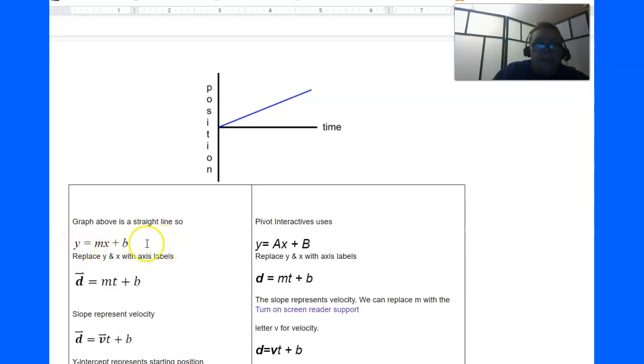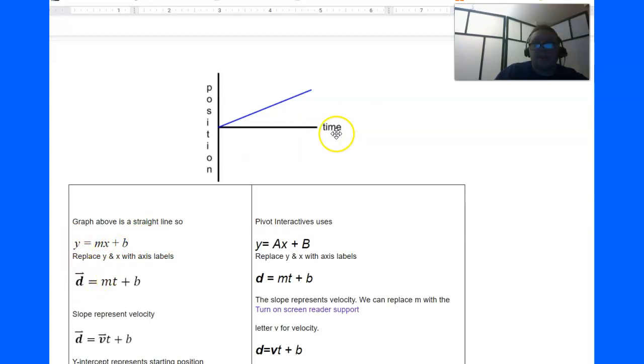So that's the equation for every straight line. Now, instead of saying mx plus b, Pivot used ax plus b. I don't know why, but they did. I have them both here side by side. Now our y-axis on our graph is position, or d, and down here in y equals mx plus b, I put d instead of y.